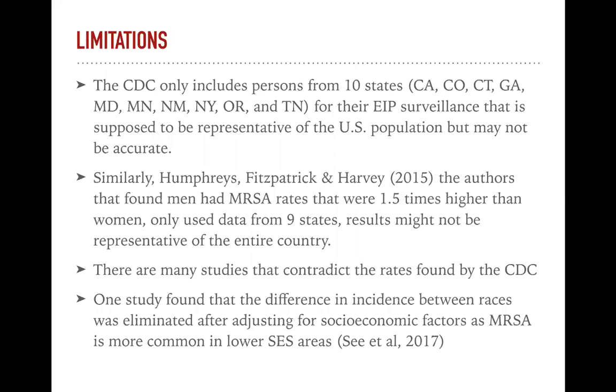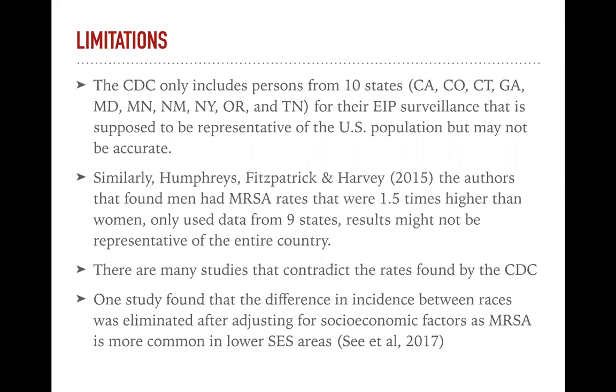Limitations. The CDC only includes persons from 10 states for their EIP surveillance system, which is supposed to be representative of the entire US population, but may not be sufficiently accurate to represent the entire population. Similarly, the Humphreys, Fitzpatrick, and Harvey authors that found men had MRSA rates that were 1.5 times higher than women only used data from 9 states.